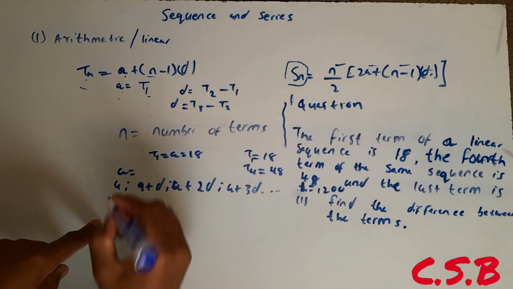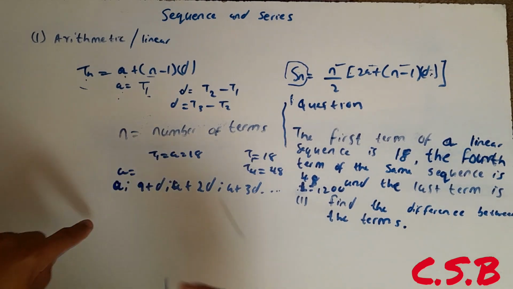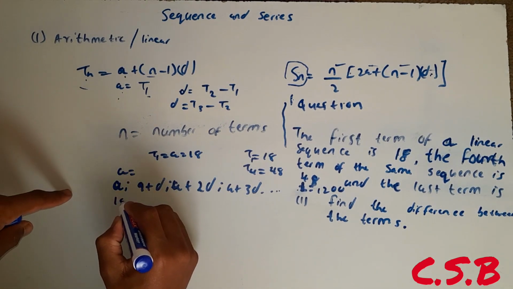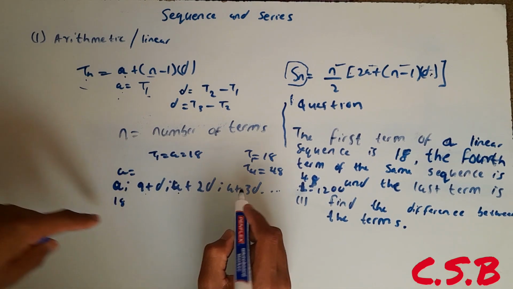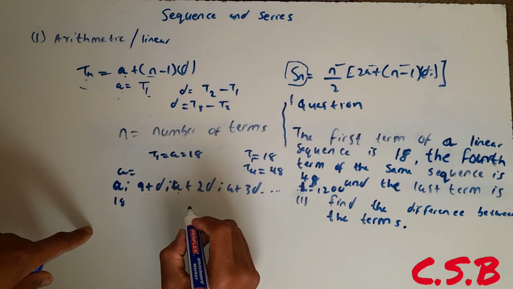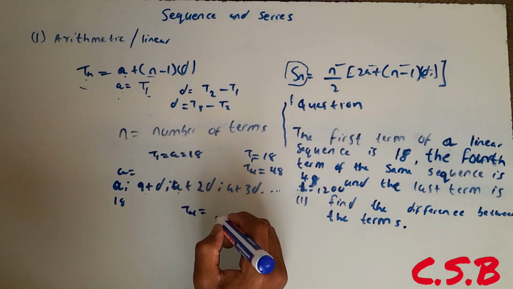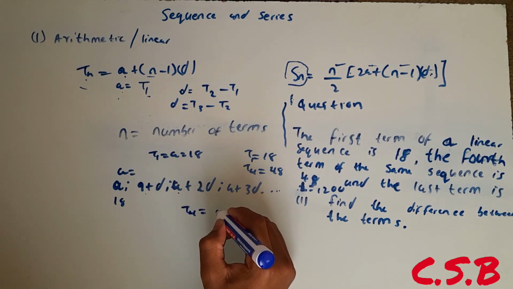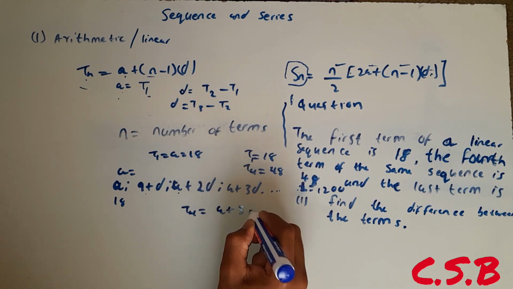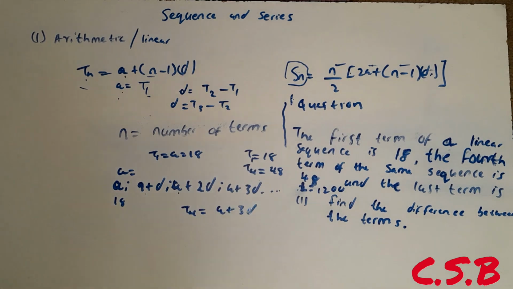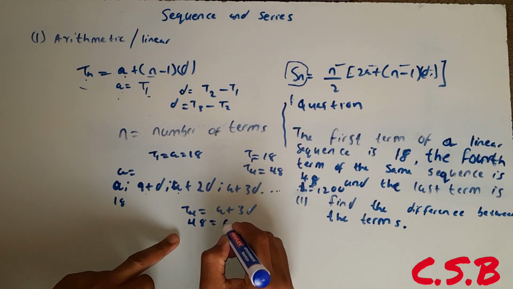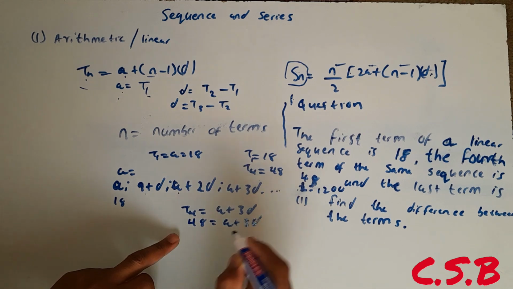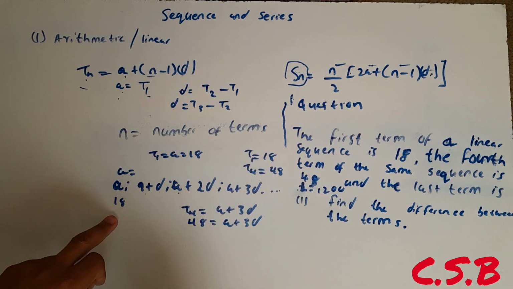Our a here is 18. We don't have T2 or T3, but we have T4. T4 is equal to a plus 3d, so we can equate and say 48 is equal to a plus 3d.